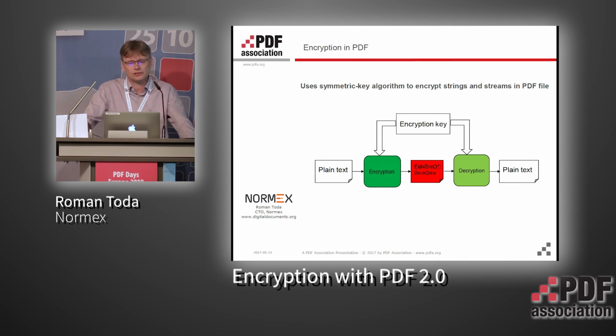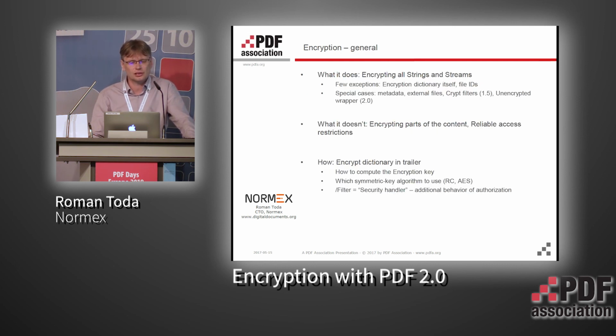So you don't have two keys, just one. This is a general statement that applies since PDF 1.1, and what is changing are the versions of the algorithms that we are using and the size, and so the power, of the keys.